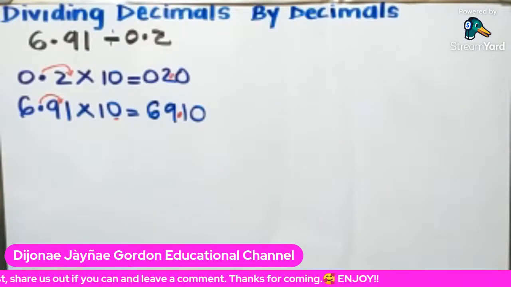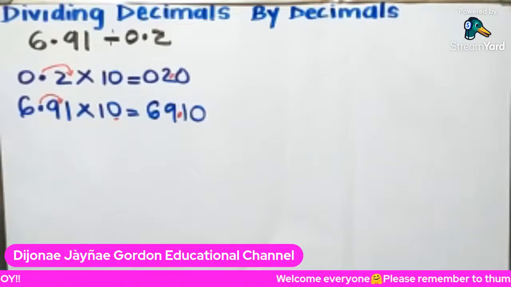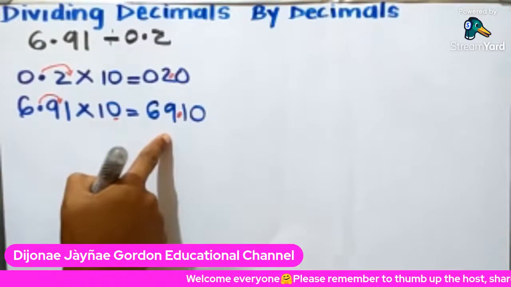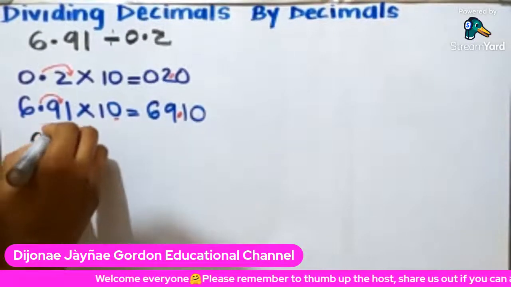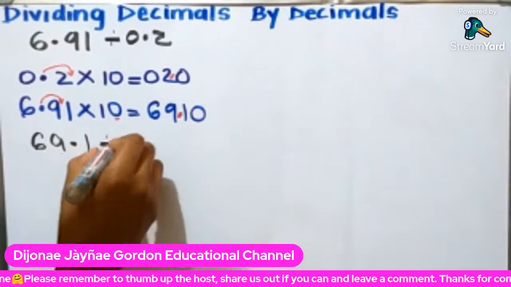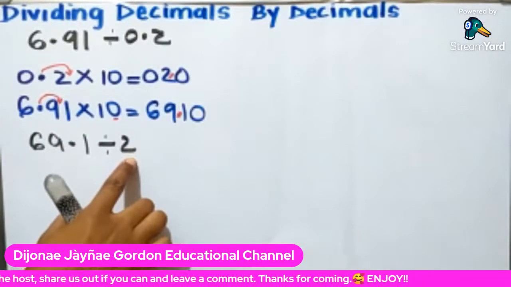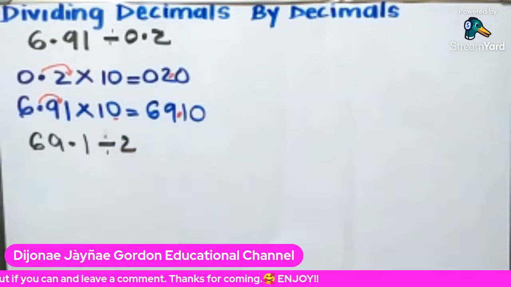So let's go ahead now and rewrite the problem that we have to work. This is the problem that we have been working with, so I'm going to rewrite it. So now we have 69.1, and of course we're dividing by 2. Now you realize that our divisor is now a whole number.